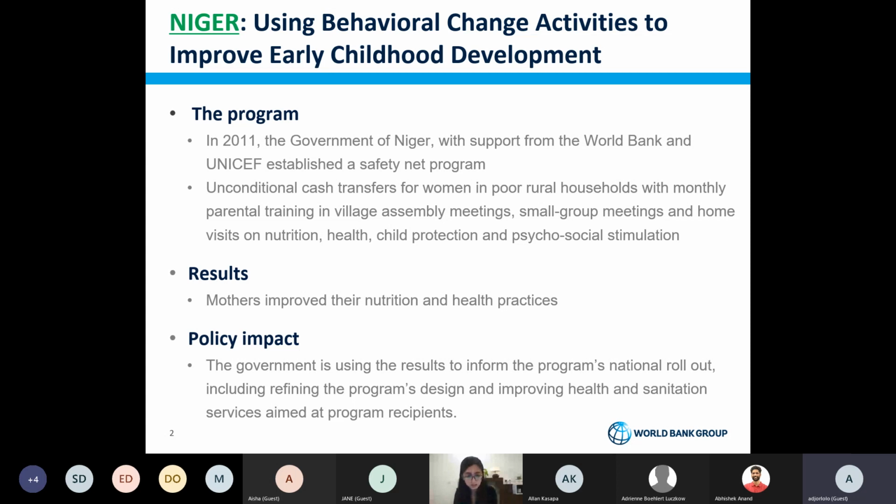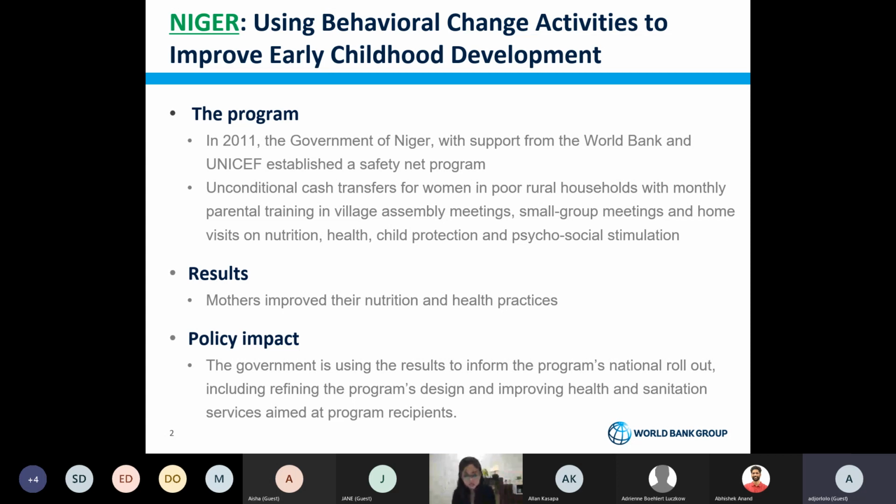This program was slightly different when in the year 2011, the government of Niger, with support from the World Bank and UNICEF, established a program which combined unconditional cash transfers, wherein the beneficiaries do not have to fulfill any condition. It's not contingent on any condition.